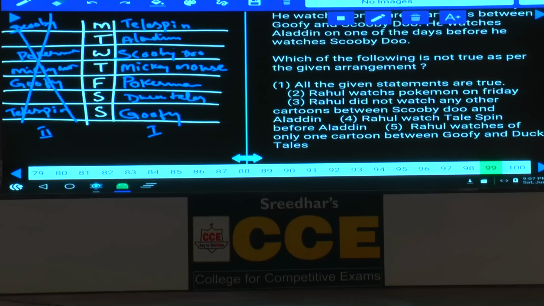That is also true. And Rahul watches Tailspin before Aladdin. That is also true. Rahul watches only one cartoon between Goofy and DuckTales. Between Goofy and DuckTales, there is none, isn't it? Hence, choice 5 is the wrong one. 99, it is choice 5.